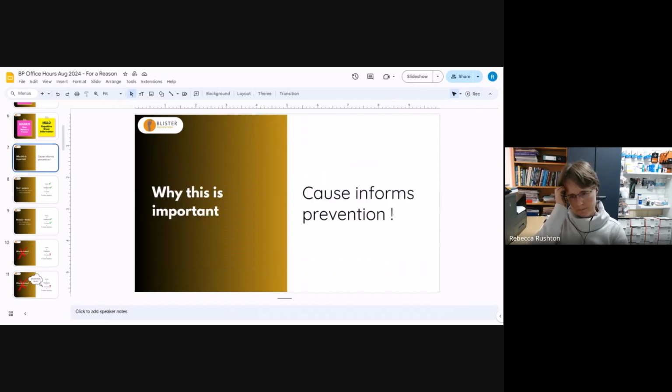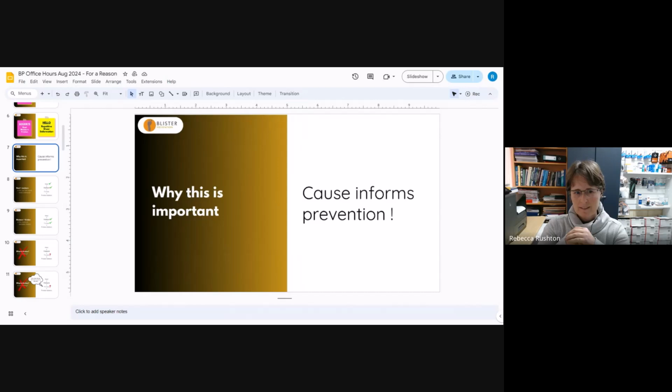Why is it important? Of course, we can only prevent something if we understand what causes it. If you think of an example like sunburn, let's say you said sunburn was caused by going outside. Well, yes, it does sometimes, but I can go outside at night and I won't get sunburned. And by the same token, I can be inside next to a sunny window and get sunburned.